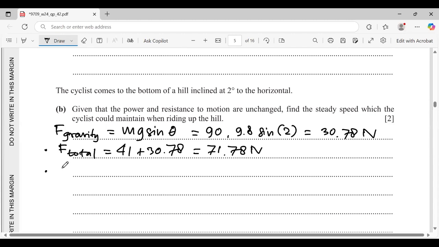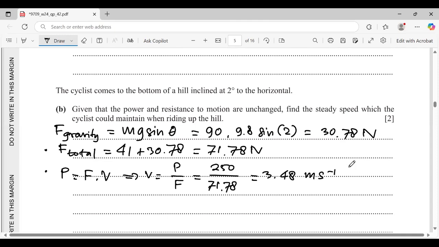After that, we're going to find the steady speed. For the steady speed, we will use the formula P equals F times v, so v equals P divided by F. So this is 250 divided by 71.78, and the result is 3.48 meters per second.